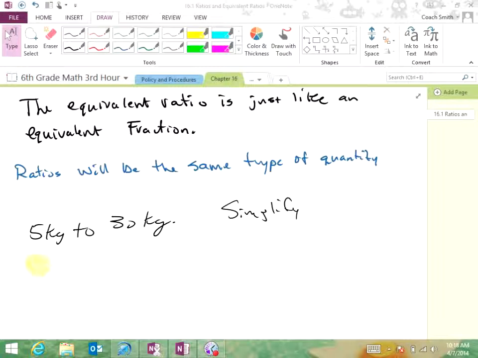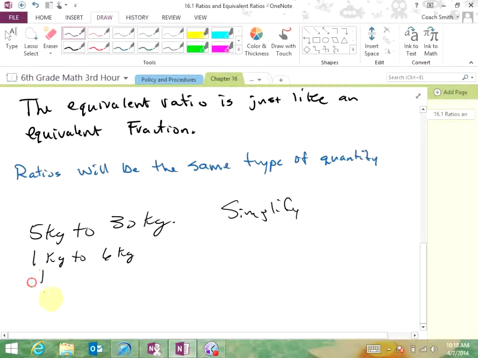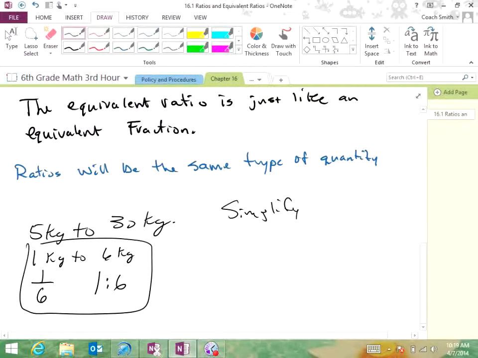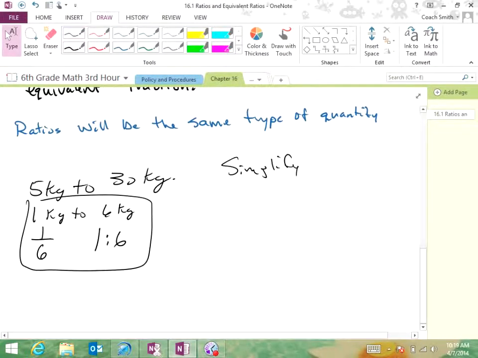Okay, so you're going to divide 5 into each one, so it'd be 1 kilogram to 6 kilograms. That's one way, and then you need to list the other ways. 1 over 6, 1 colon 6. So that would be your answer. Do you have to put 1 kilogram to 6 kilograms, or can you put 1 to 6? 1 to 6 is okay.